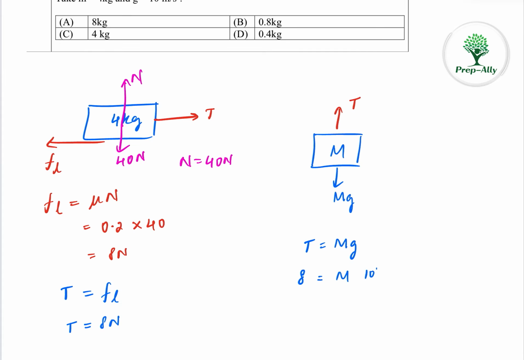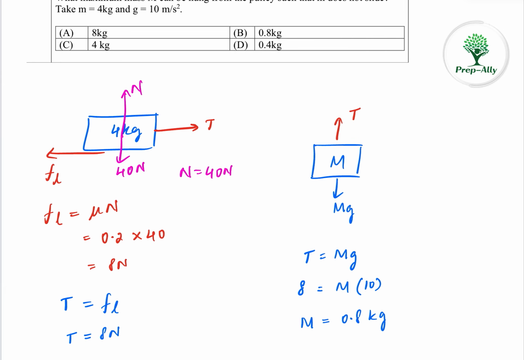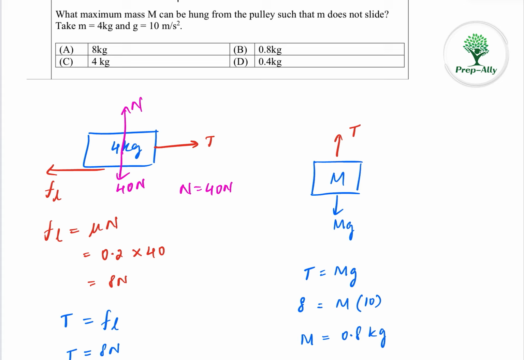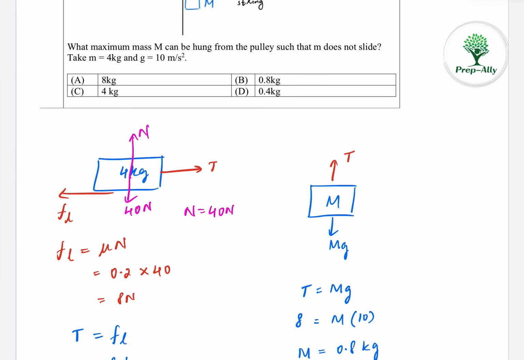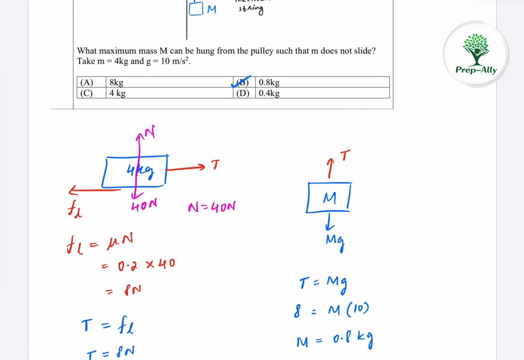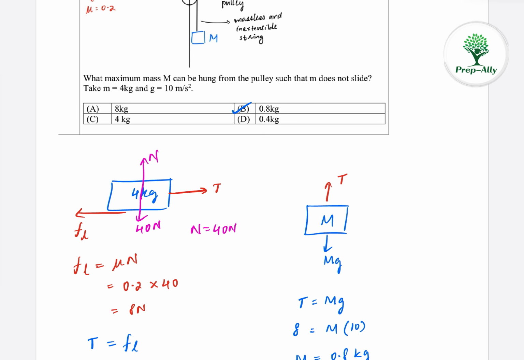Mass M, g anyway is 10. So if M is 0.8 kg, then the friction is limiting friction and the 4 kg block does not move. Now, if we give a mass anything more than 0.8 kg, then this 4 kg block will start to slide. So our answer is 0.8 kg. That is the maximum mass that can be allowed here so that the block remains at rest.